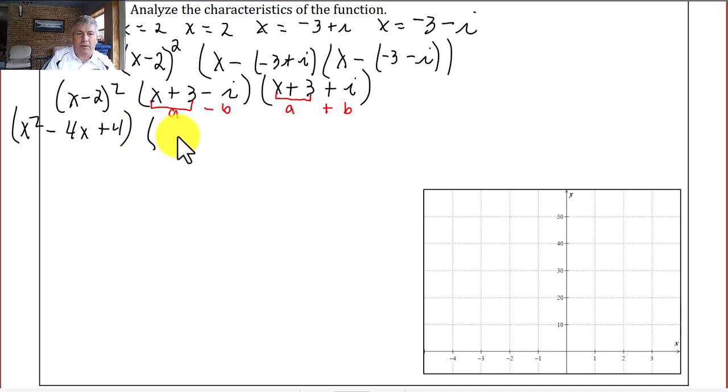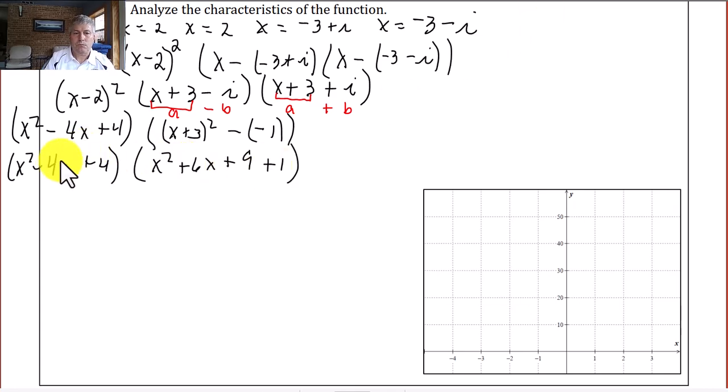This factor becomes x plus 3 quantity squared minus i squared, so that's minus a negative 1. I carried down my x squared minus 4x plus 4, and multiplied out x plus 3 squared to get x squared plus 6x plus 9. Then minus a negative 1 is plus 1, so that becomes 10.